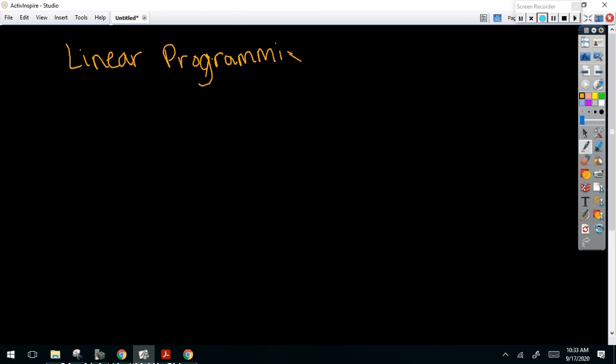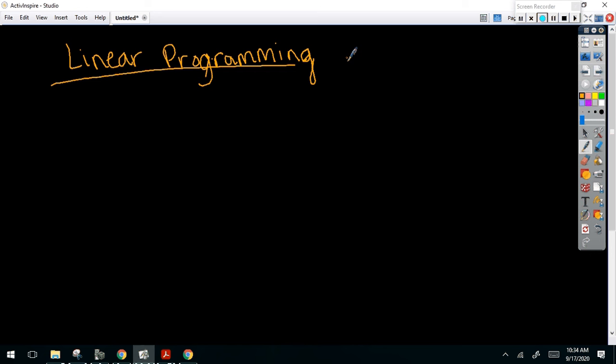And then I also have a function to optimize. Do you know what to optimize means? If you have an optimal solution, what do you have? The best one, exactly.